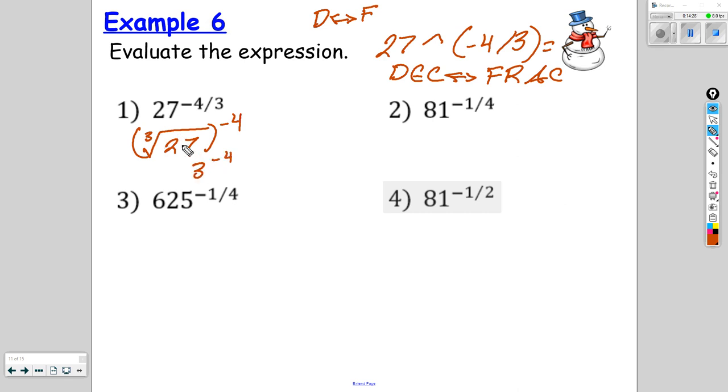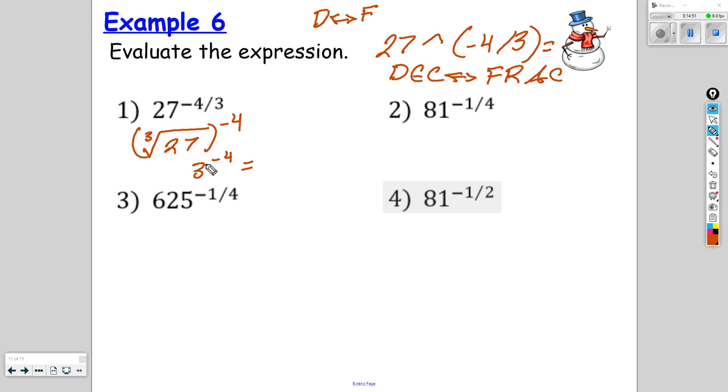Now the cubed root of 27 is 3 because what we're trying to figure out is what number we could multiply 3 times and get that number. And we could do a bunch of trial and error and we'd get 3. Now from here, 3 to the -4th power, if we remember our exponents chapter, which was chapter 6 for us, we got to get rid of that negative exponent.